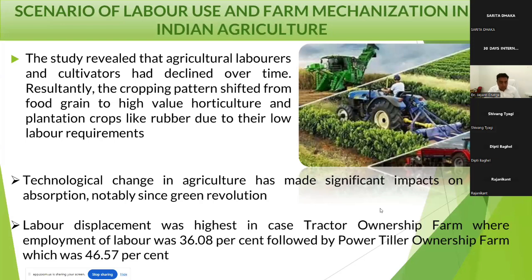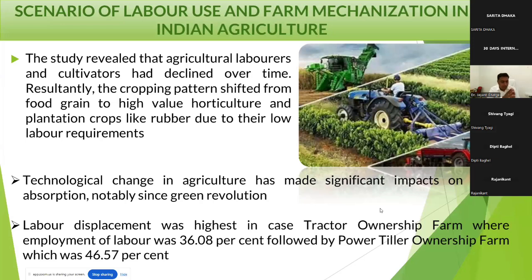If you think about power availability per hectare, Punjab has 3.5 kilowatt per hectare, the highest in our country, while Odisha, Rajasthan, Jammu Kashmir, and others have below 0.90 kilowatt per hectare. That is a huge difference.